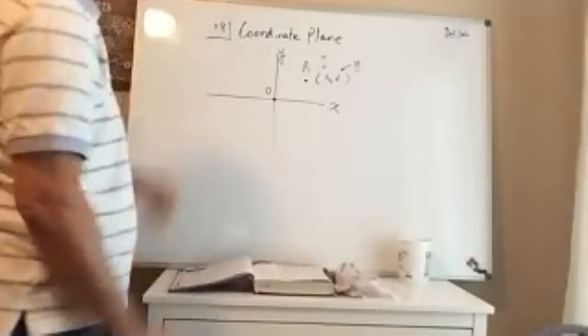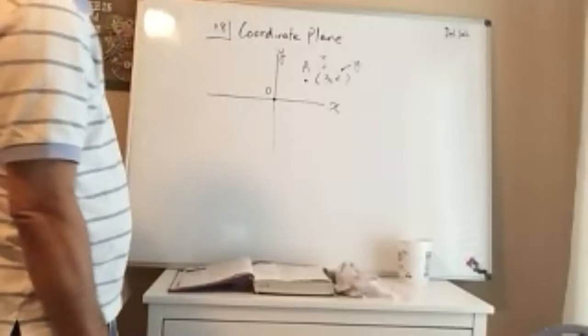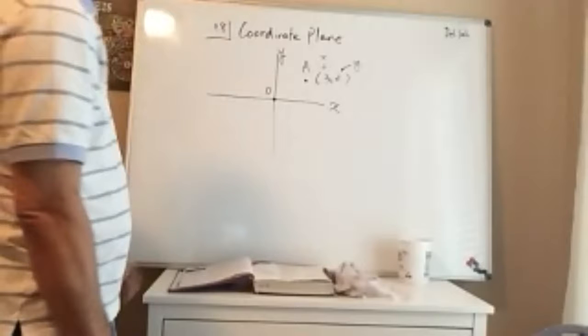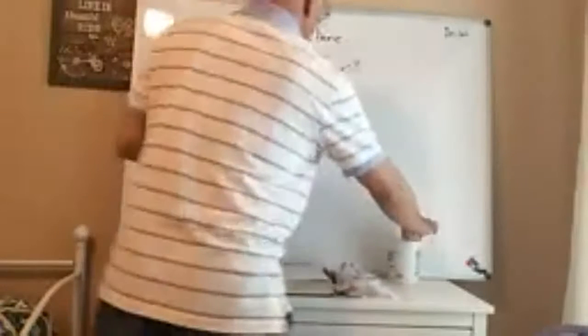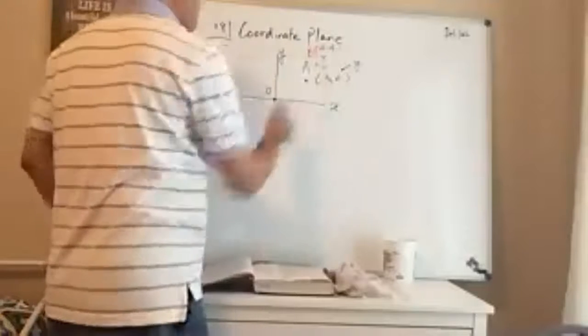Okay. So let's say if I had 4 and 4. I have 1, 2, 3, 4, 1, 2, 3, 4 right here. So this point B would be 4 and 4. And this is how you set the points.